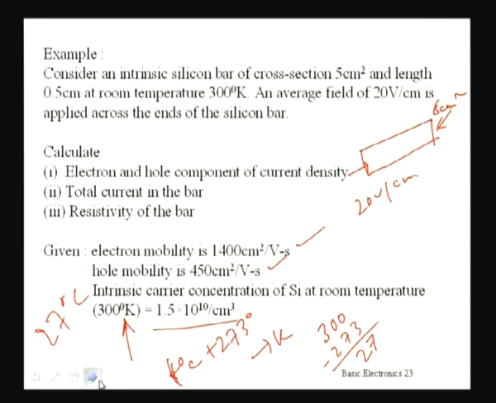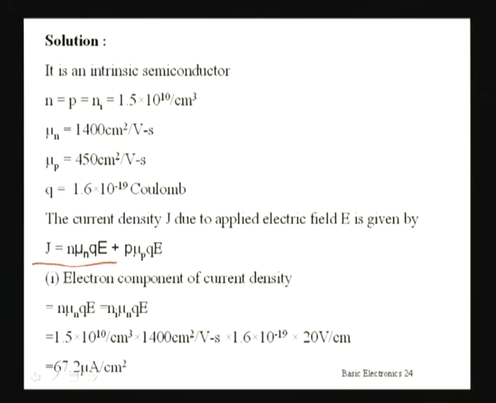Now to find the electron and hole components of current density, we must use that equation. This equation is J equal to N mu N Q E plus P mu P Q E. Now you have to see what data are given to you. We already know N is equal to P is equal to Ni in an intrinsic semiconductor, and its value is given in the data as 1.5 into 10 to the power 10 per centimeter cube.